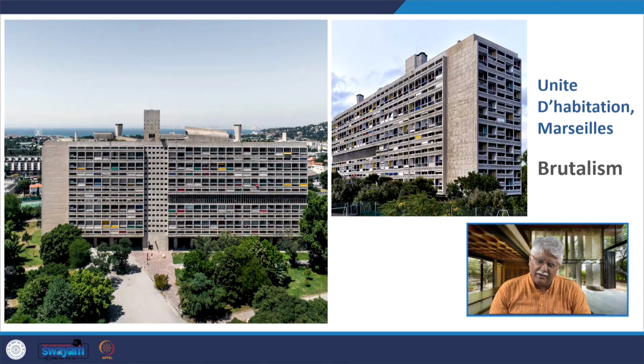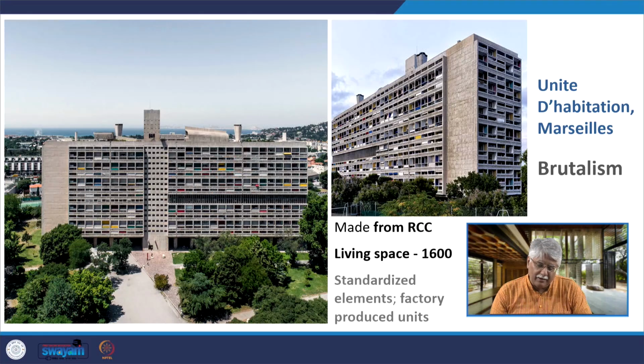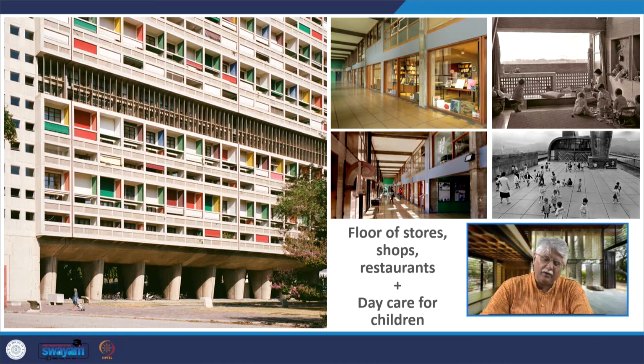And thus Unité d'Habitation, made from RCC, with living space for 1600 people, standardized elements and factory produced units. Here you have the floor with the stores in it, this is the apartment, this is actually the creche, and this is the roof terrace.